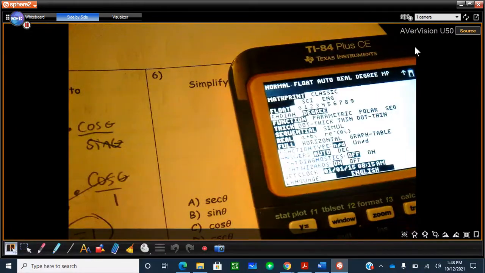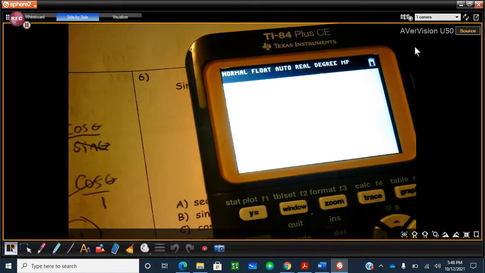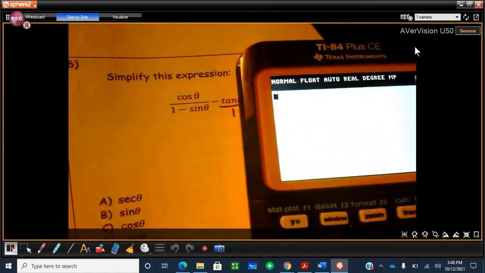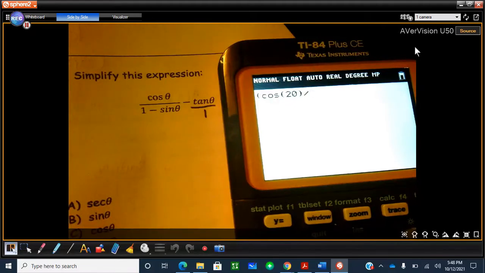If I were to do it the cheat way in my calculator, because I didn't want to do it the long way, I could say cosine of 20 divided by 1 minus sine of 20. Did I close that? I'm going to close that because that's the whole thing. Minus the tangent of 20. And that gives me 1.064.